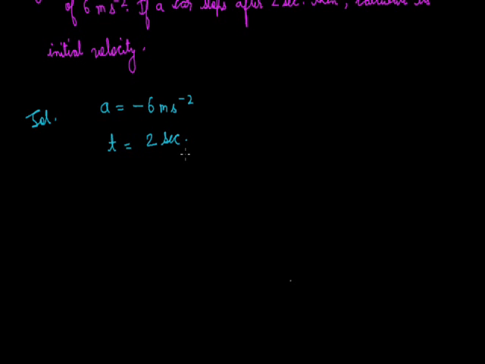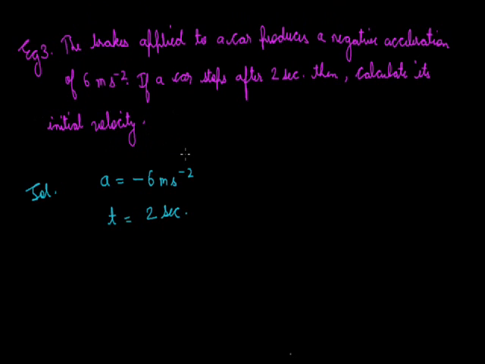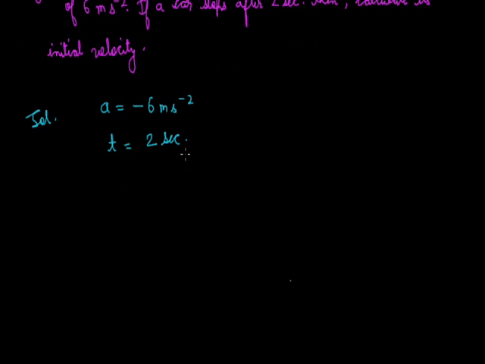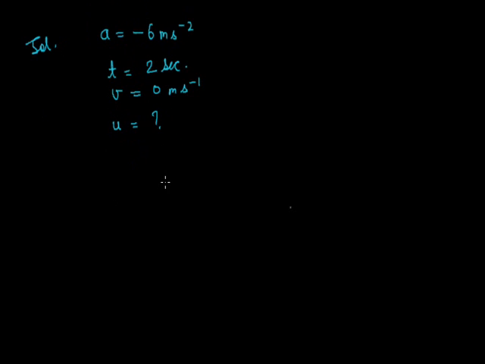Now the question says that the car is stopped, means finally the car is stopped by applying the brakes. It implies that its final velocity is 0 meter per second because the car is stopped, and we have to calculate the initial velocity, that is u, means by which velocity the car was moving initially before the brake was applied.